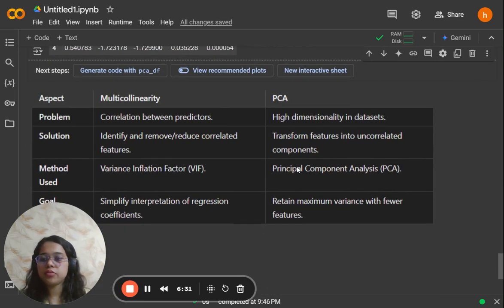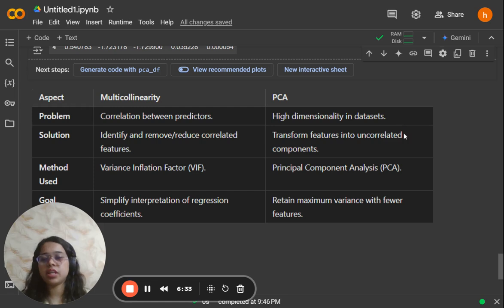Now, we also have some differences between multicollinearity and PCA. The problem multicollinearity addresses is the correlation between predictors, and PCA addresses high dimensionality in data sets. How do they solve it? For multicollinearity, we identify and remove the correlated features, whereas PCA transforms features into uncorrelated components.